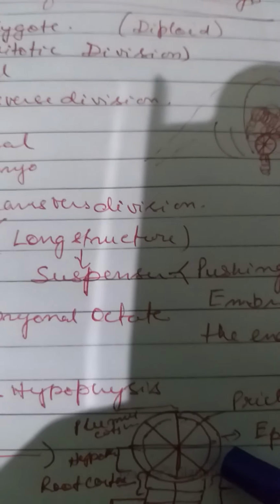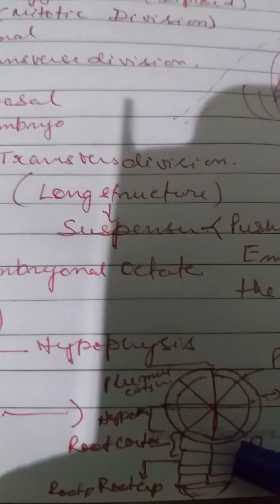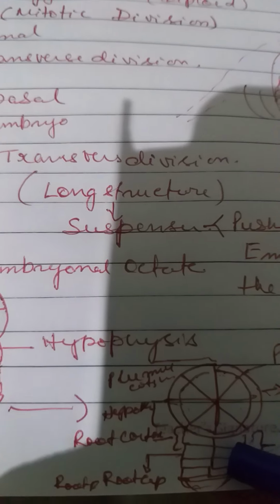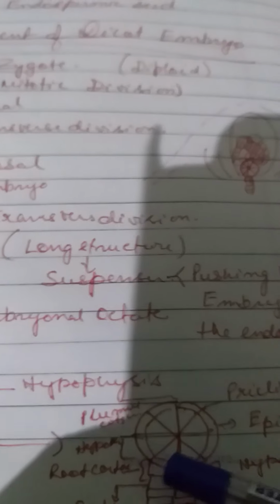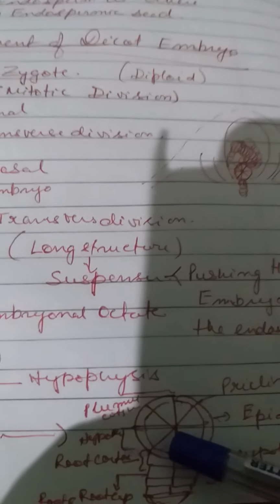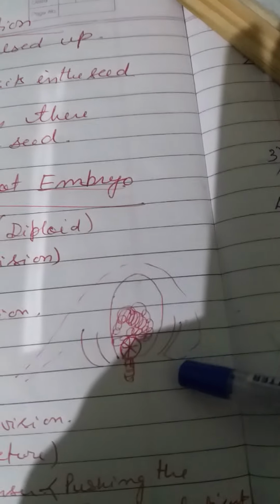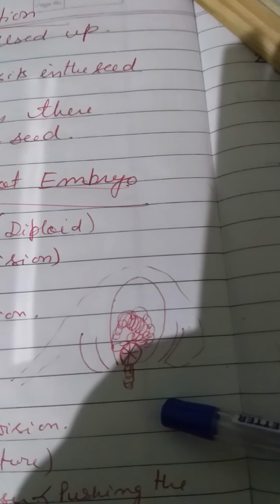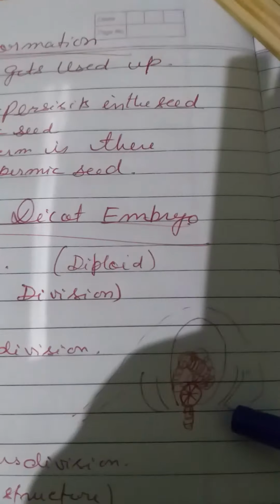After the epidermis, at the base of this structure, an eight-cell stage develops again, that is they form the root cortex and root cap, and later four cells of the upper part develop into the plumule, and here it is known as the hypocotyl. This diagram shows the stage where things go on like this. I'll be sending you pictures so that you understand the thing more clearly.